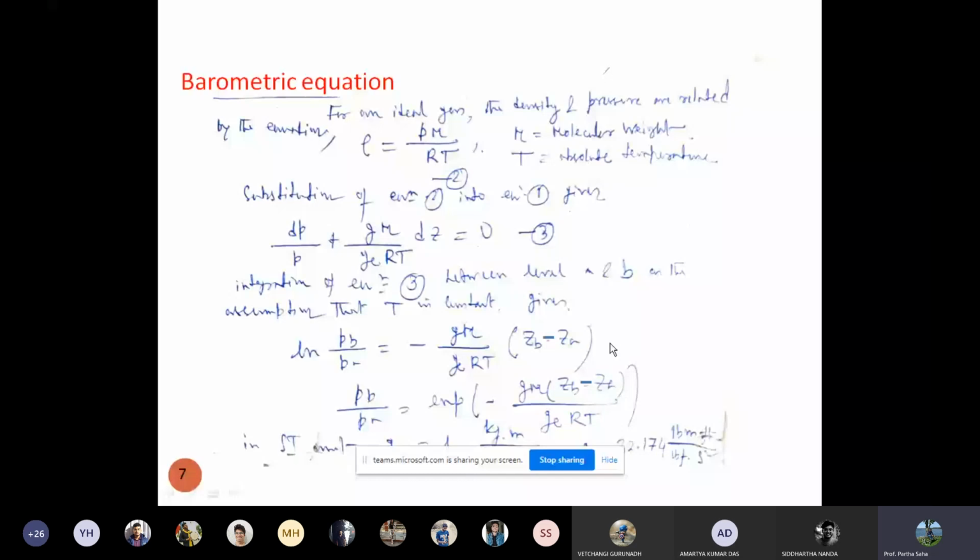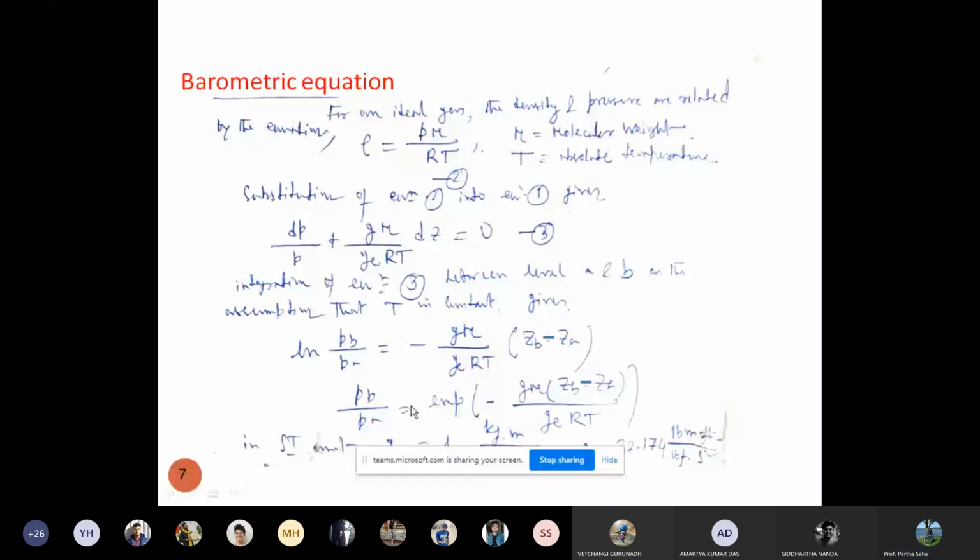Now integrate between the two limits A and B with corresponding pressures PA and PB. It becomes ln(PB by PA) equal to minus GM by GC RT (ZB minus ZA). Taking the exponential, PB by PA equals exp of minus GM (ZB minus ZA) by GC RT.